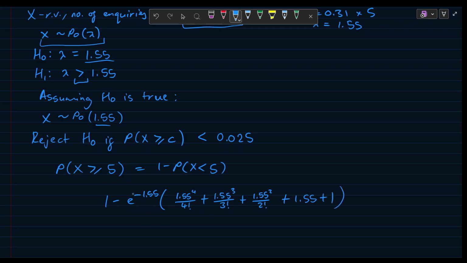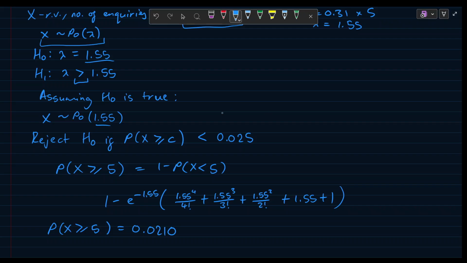Alright, so let's punch this into the calculator. That's 1 minus e to the negative 1.55 multiplied by 1.55 to the power 4 over 4 factorial plus 1.55 cubed over 3 factorial plus 1.55 squared over 2 factorial plus 1.55 plus 1. And this gives us that the probability that x is greater than or equal to 5 is equal to 0.0210, correct to 3 significant figures.